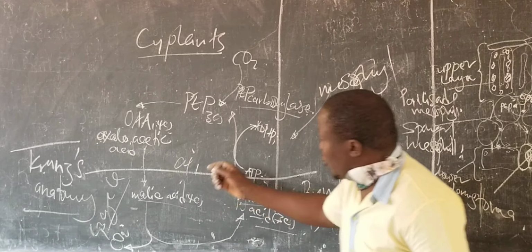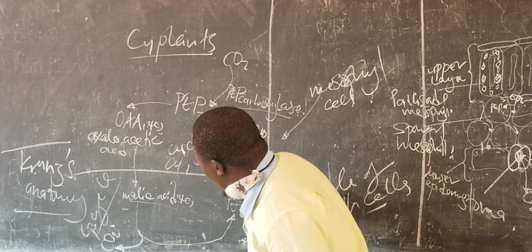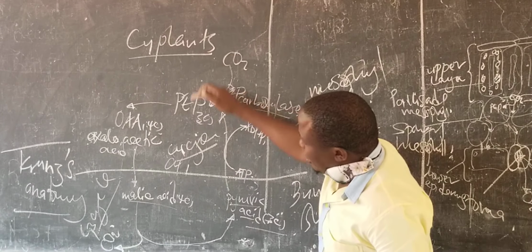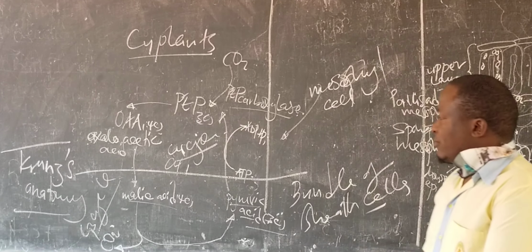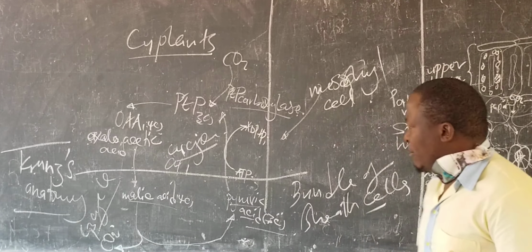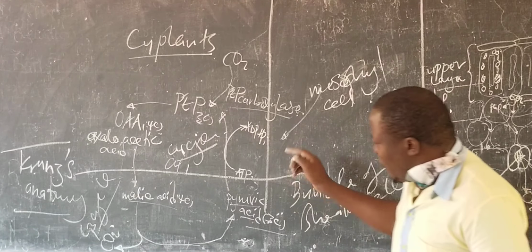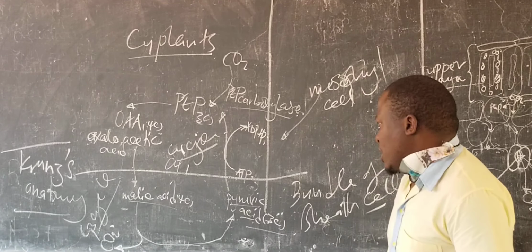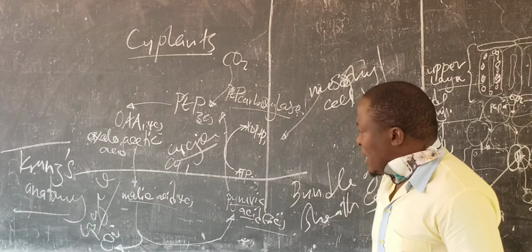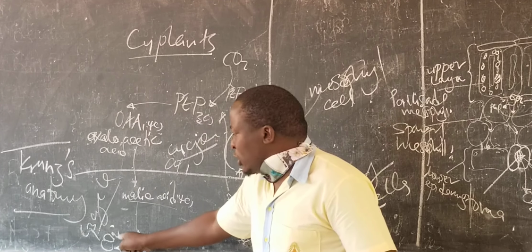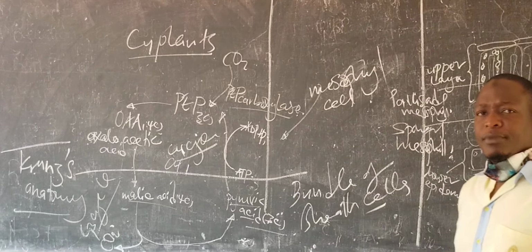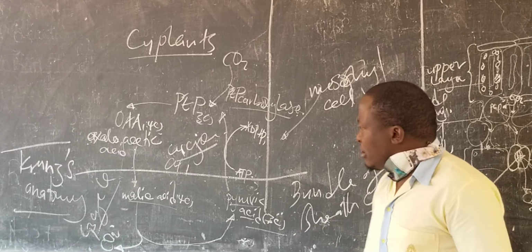This is what we call a C4 cycle, and we are writing that it occurs in the C4 plants. Within this cycle, we don't have any sugar formed. You can take notice there. We do not form final sugar molecules. Even though malic acid and oxaloacetic acid are carbohydrates, the final sugar molecule we expect that is utilizable in plants is glucose, and we will not produce it in this cycle.